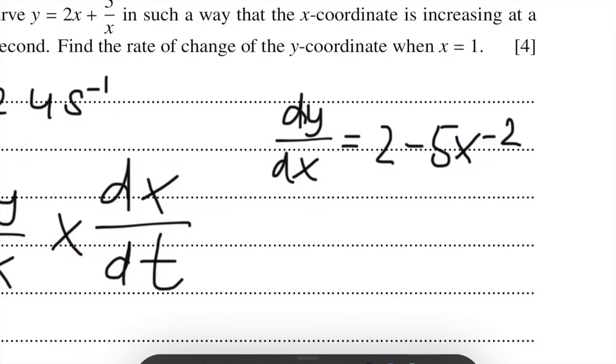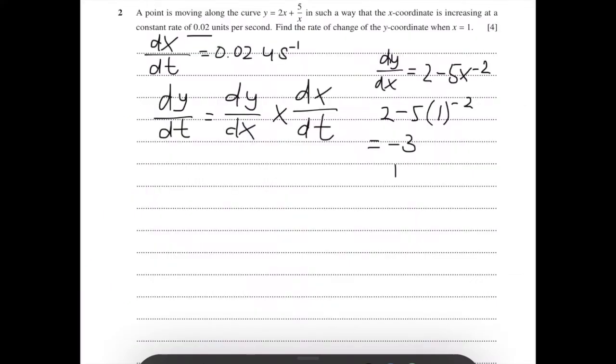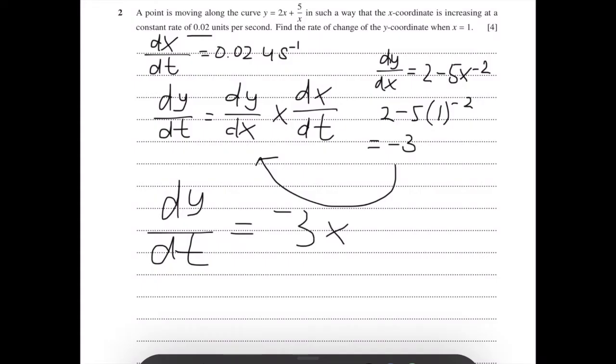So when x is equal to 1, you will get negative 3. Go ahead and input that in the equation, so you will get dy over dt is equal to negative 3 multiplied by 0.02, which is equal to negative 0.06 unit per second.